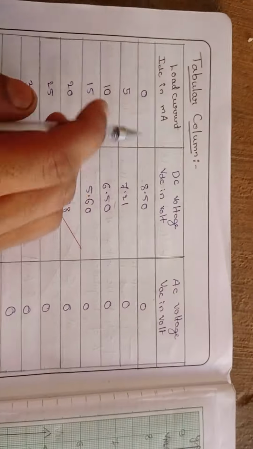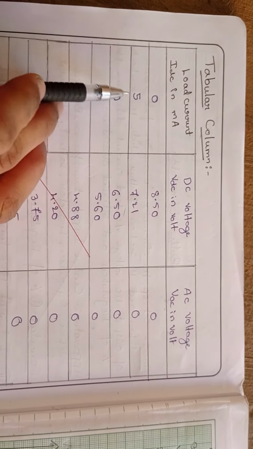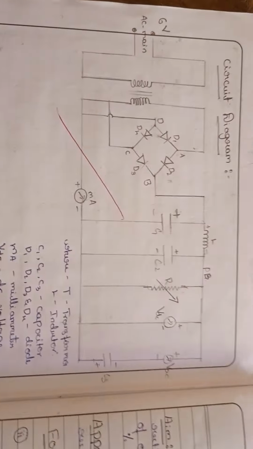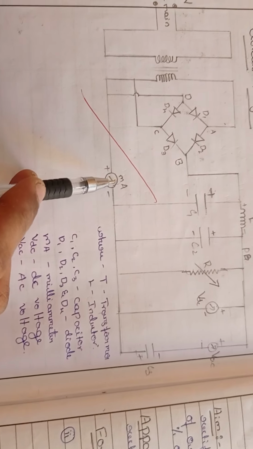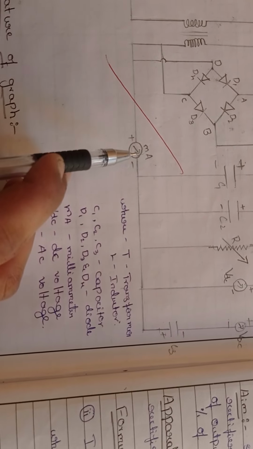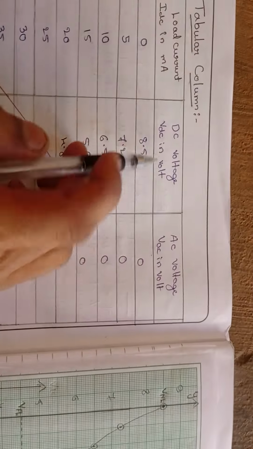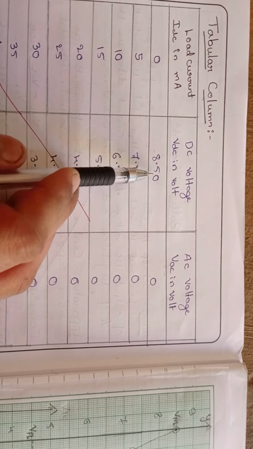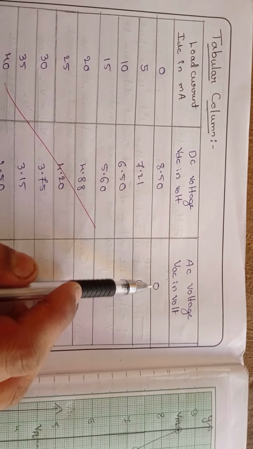Then we get load current IDC in milliampere, that is first reading is 0, in milliammeter we set 0, and we will get the DC voltage VDC in voltmeter, and AC source gives 0.